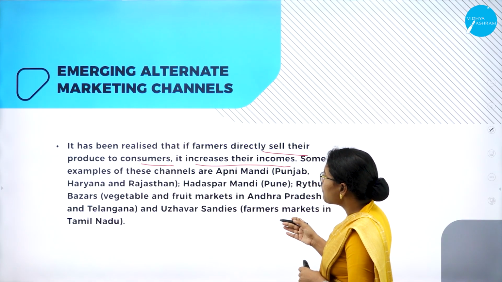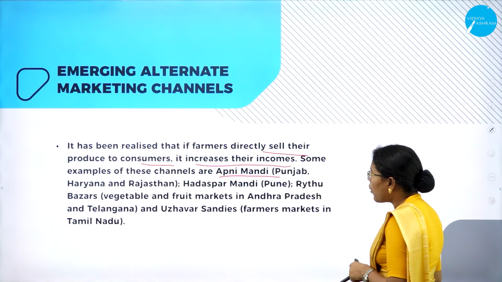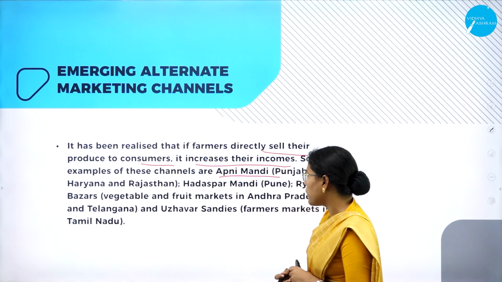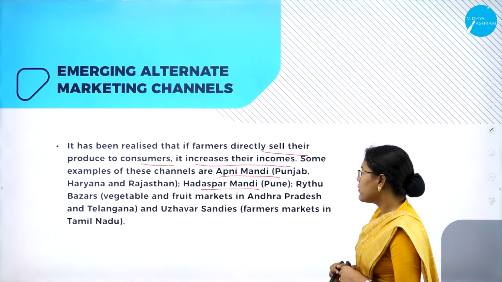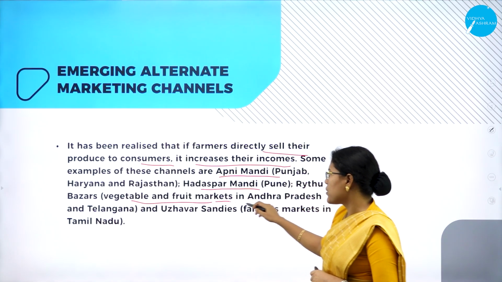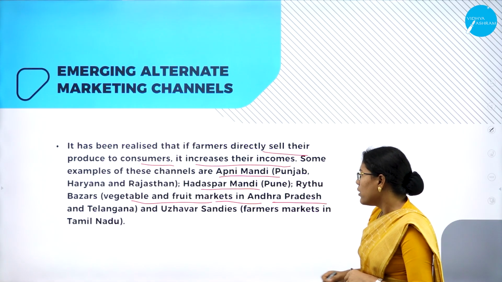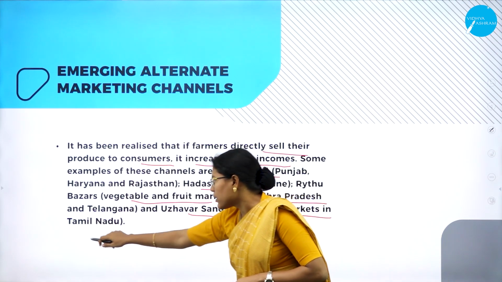So, some examples of these channels are Apni Mandi. It is called Apni Mandi in Punjab, Haryana and Rajasthan, and in Pune they call it Hadaspar Mandi, and they call Raitu Bazaars, particularly vegetable and fruit markets, in Andhra Pradesh and Telangana, and they call Uzhavar Sandhai Farmers Market in Tamil Nadu.